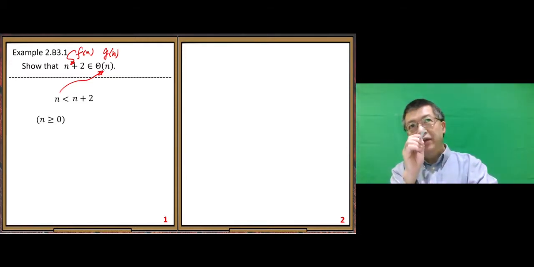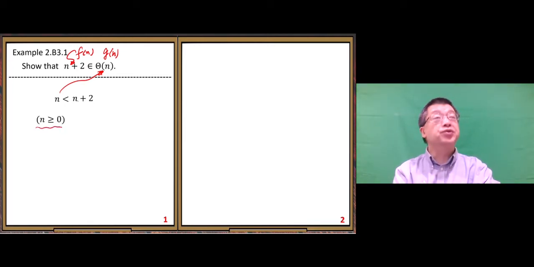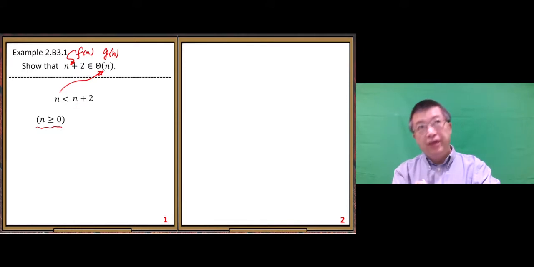We need to look at under what condition it is true. For n greater or equal to 0, it is true. Some of you may argue that even when n is negative it is also true.